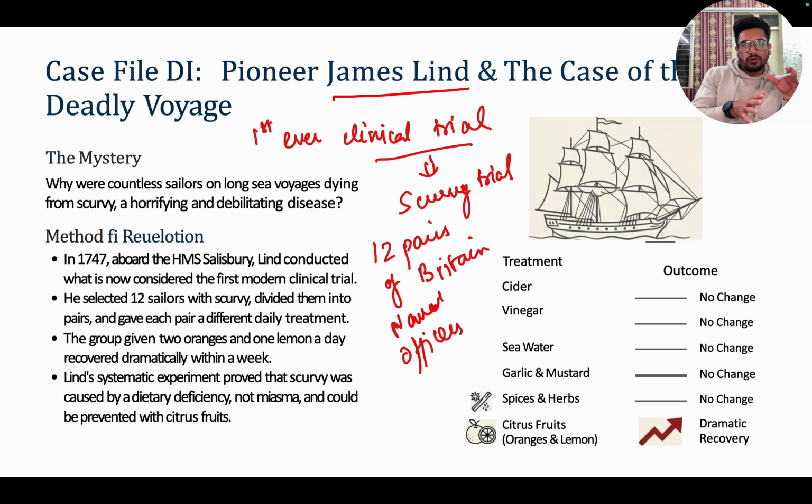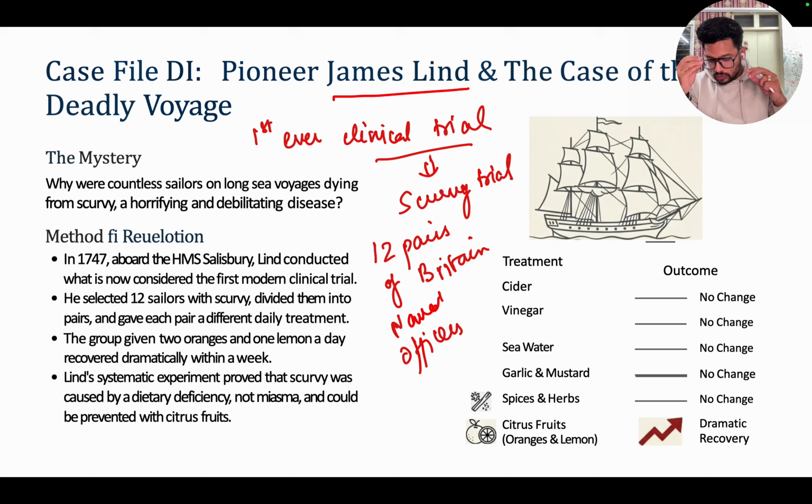One group was given citrus fruits, two oranges and a lemon a day, and the other group was not given citrus fruits along with the normal food. So basically, two groups were there. One group was given the citrus fruits, and one group was not.